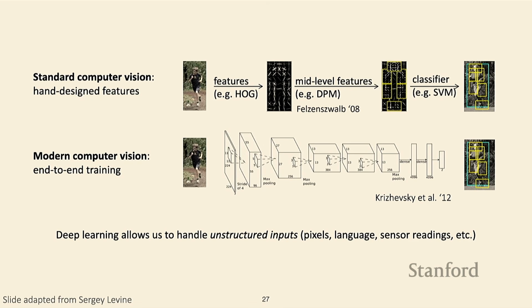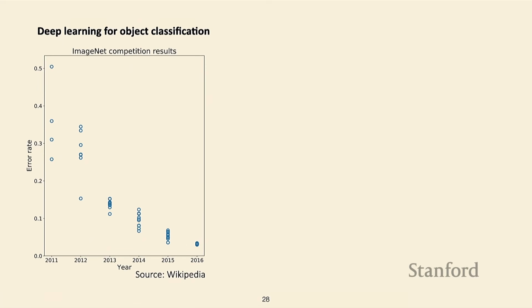And it allows us to handle unstructured inputs, things like pixels, language, sensor readings, really any input that you can imagine, without having to engineer really good features for that particular domain. So it allows us to perform tasks without a lot of domain knowledge.